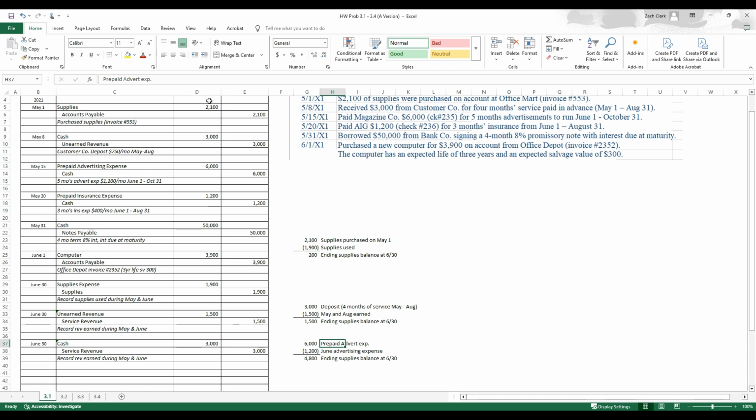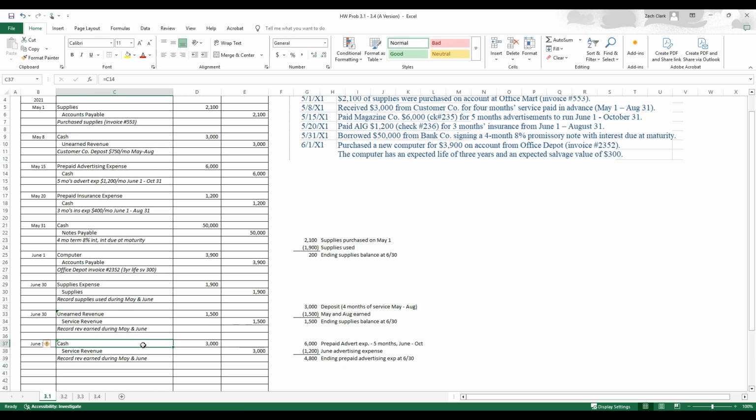Prepaid, and up here we could say prepaid advertising expense, 5 months, June to October. June, July, August, September, October. June to October, sorry, I thought I was saying that wrong. Okay, and then ending prepaid advertising expense at 6/30. So we should end up with $4,800.